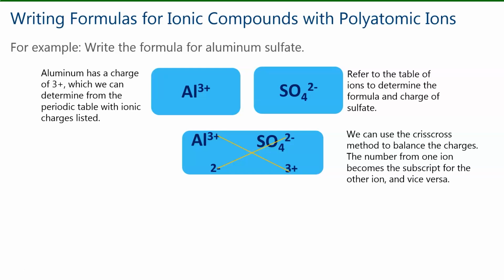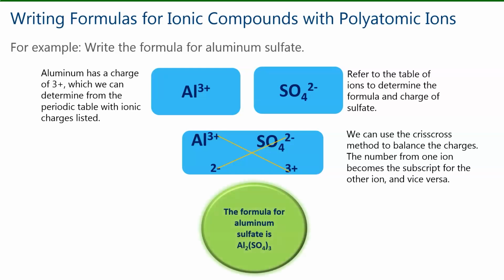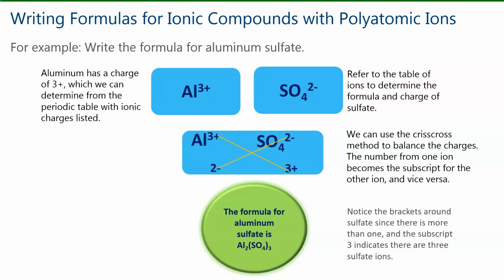So we're going to have brackets around SO4 before we add the subscript 3. So our formula is going to look like this. The formula for aluminum sulfate is Al2(SO4)3. Notice the brackets around the sulfate since there's more than one, and the subscript 3 indicates that there are 3 sulfate ions in this compound.